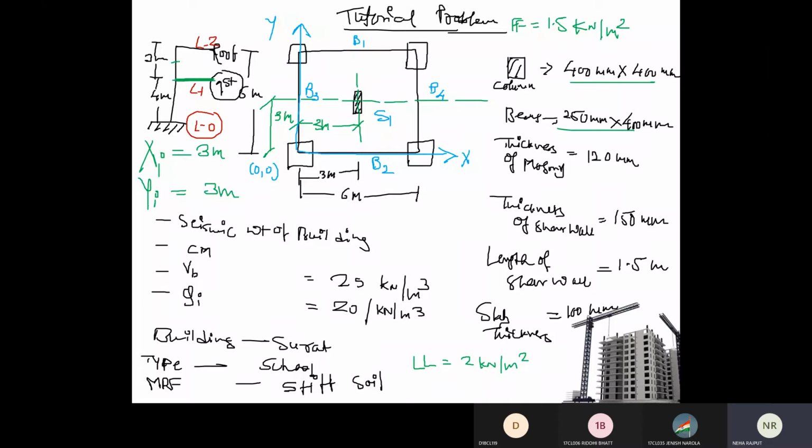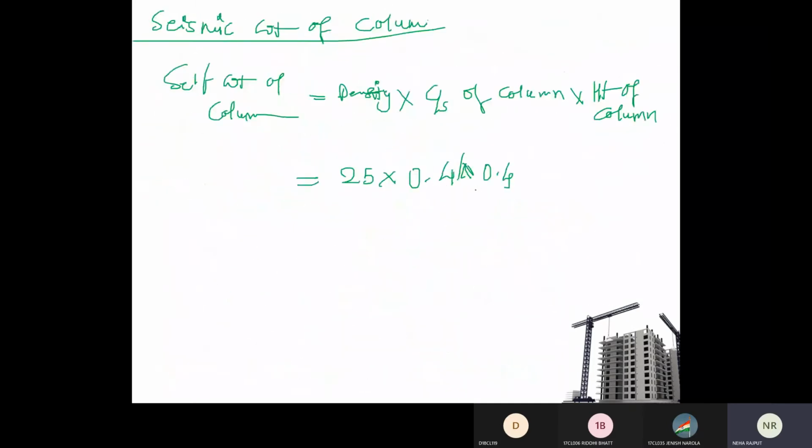So what is half of 3 meter? 1.5 from this side and 2 meter from this side. Right, so the total height of level 1 is 3.5 meter. So here you can write 3.5 meter.